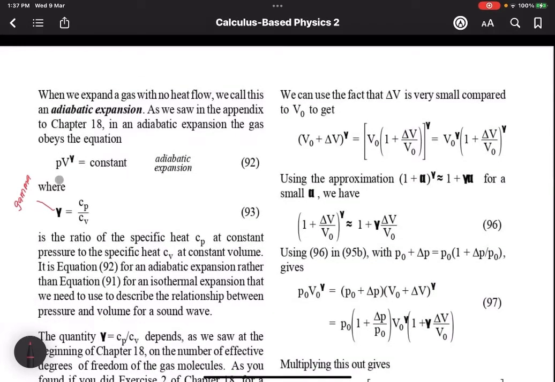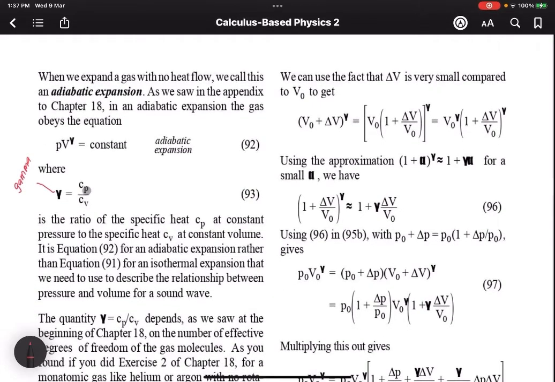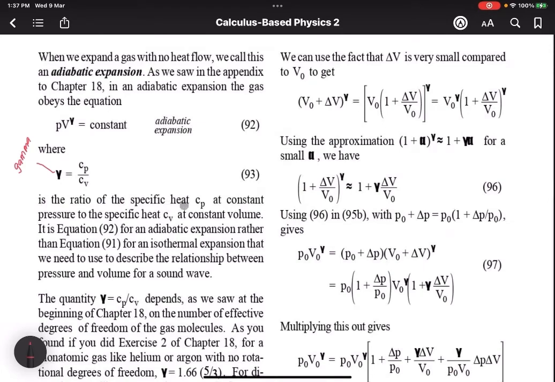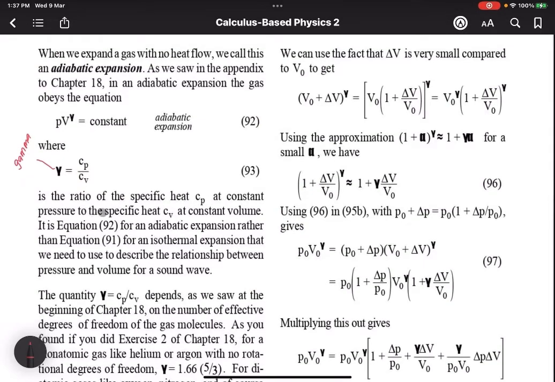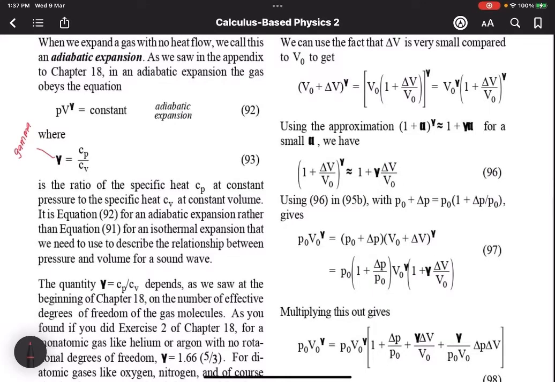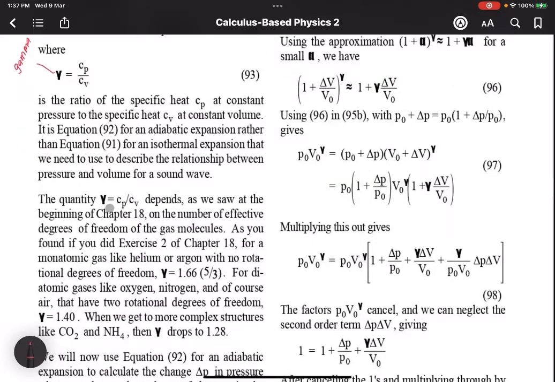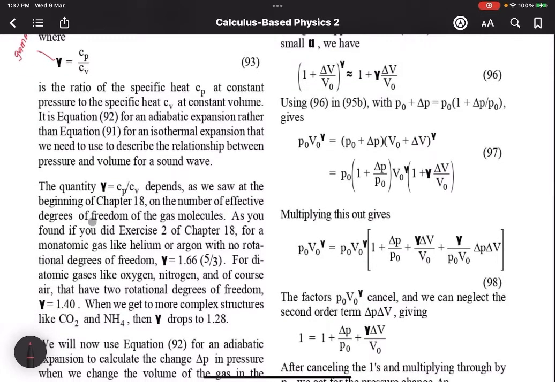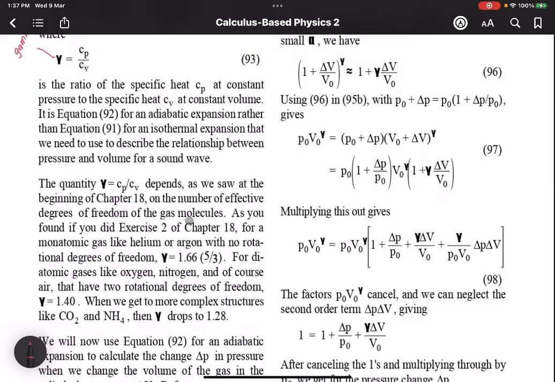So yung γ stands for the ratio of the specific heat Cp at constant pressure to the specific heat Cv at constant volume. The quantity γ is equal to Cp over Cv, and depends, as we saw at the beginning of chapter 18, on the number of effective degrees of freedom of the gas molecules.